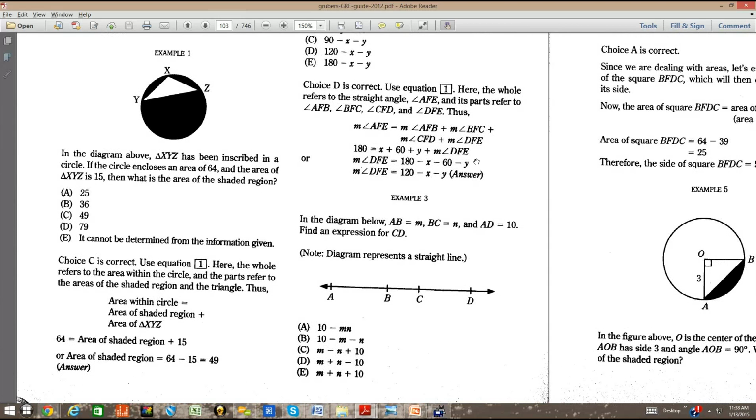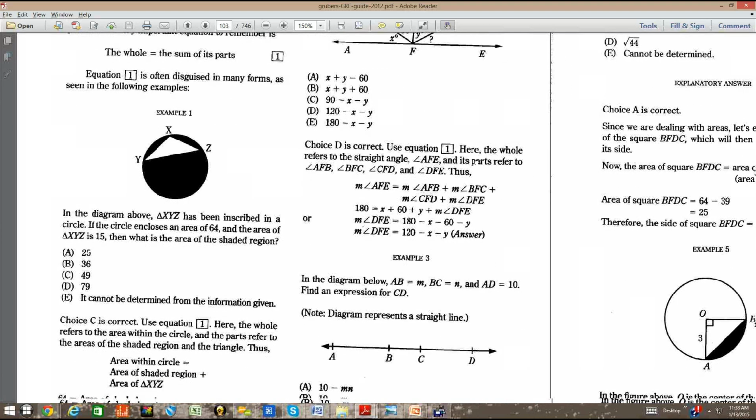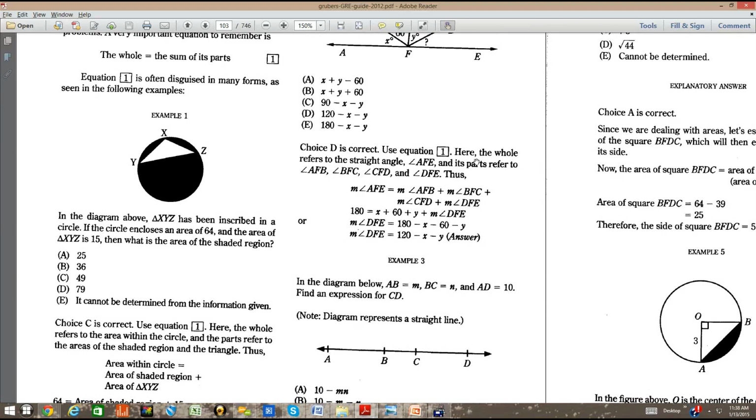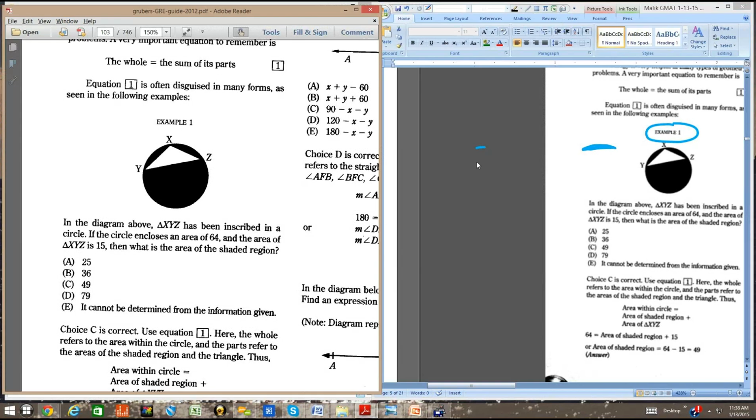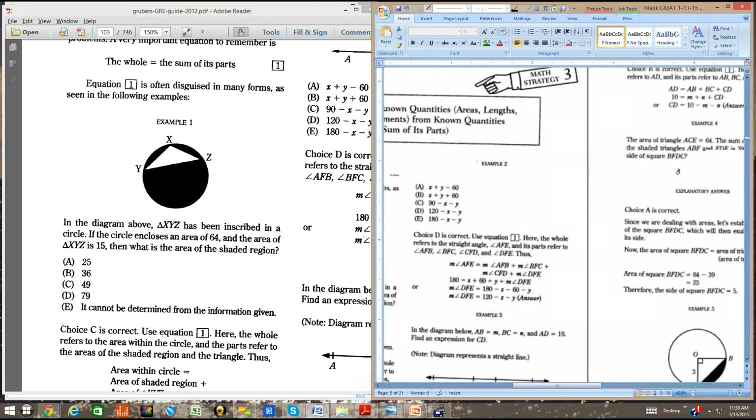They tell you that the area of the circle is 64, and the area of the triangle is 15. So all you really need to do is subtract the triangle from the circle. And that's it. In a lot of weird looking shapes in the test, don't get scared when you see things like this. You'll probably be able to do something very simple and get it. There are plenty of scarecrow questions in the test that just look scary, but are not a big deal.